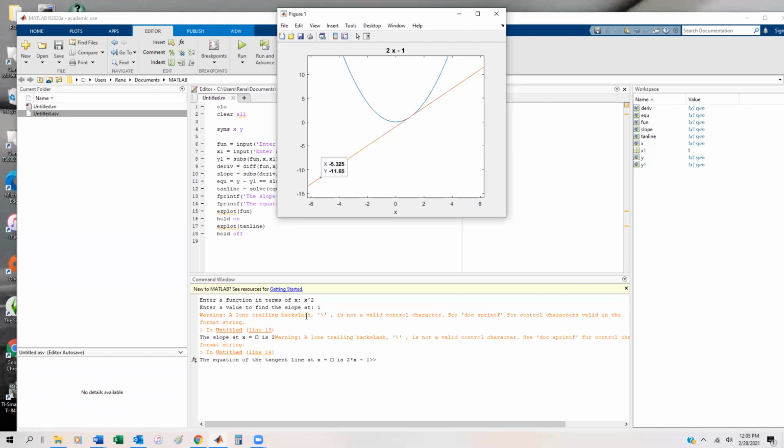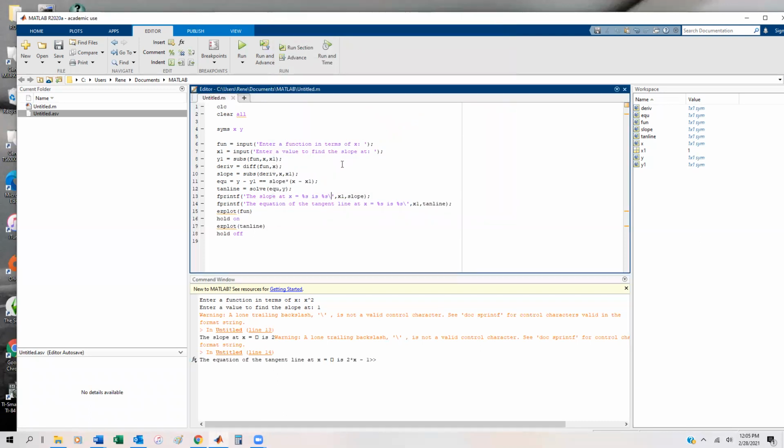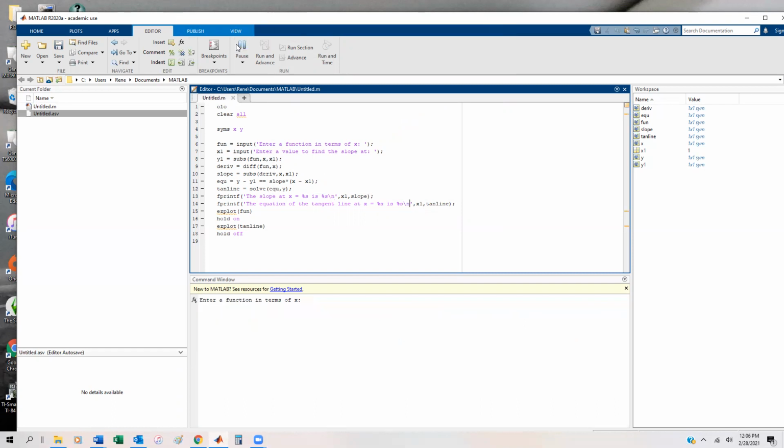I wonder if maybe there's a syntax error somewhere. But the good news is everything worked okay. Oh, right here, I see it. Somehow I put a backslash. I didn't do backslash n. Okay, got it. So let's run it one more time.